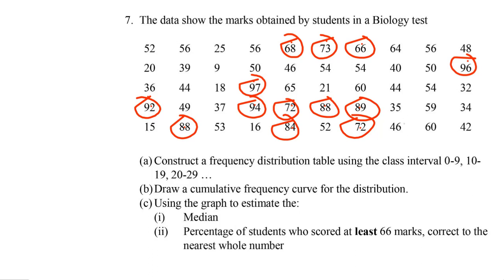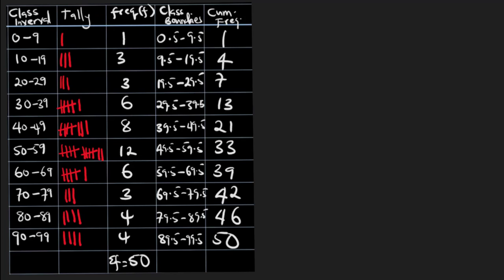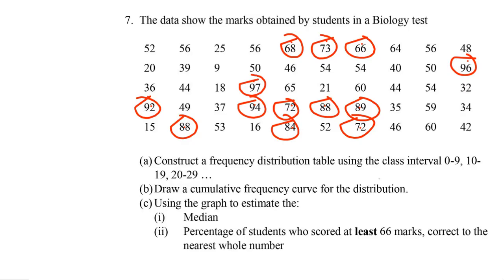Remember, we've gotten how many students? 13 students. So we're going to find the percentage of at least 66 marks, right? So what is the total number of students we have? The total frequency is 50. And how many students have at least 66? 13 students.